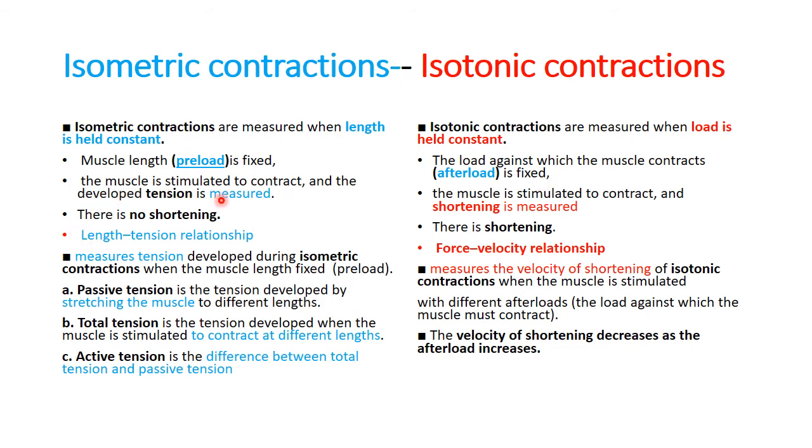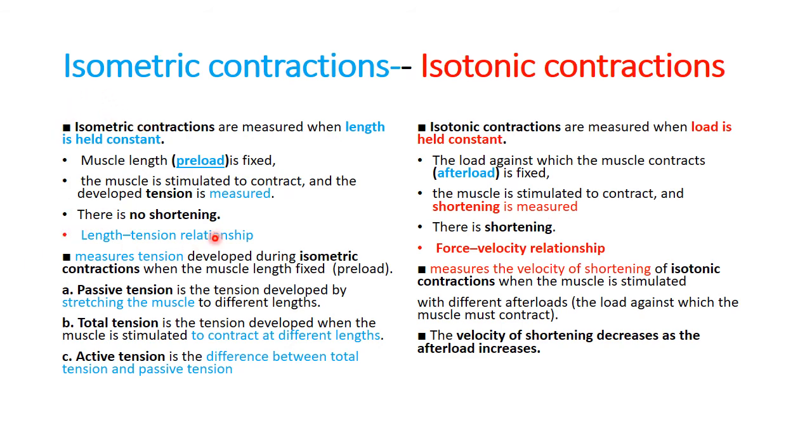The muscle is stimulated to contract, and the tension developed can be measured. So there is no shortening as the length is fixed. In isotonic, there is a shortening of the muscle fiber which can be measured.